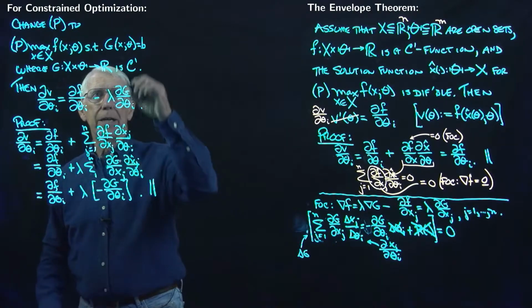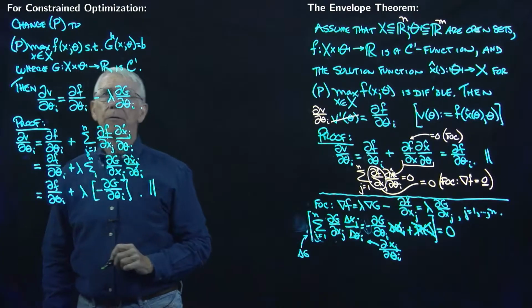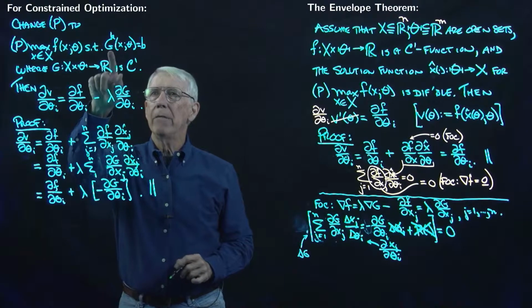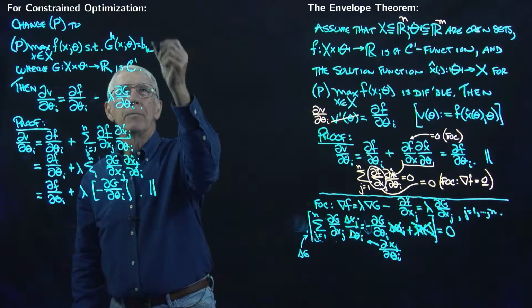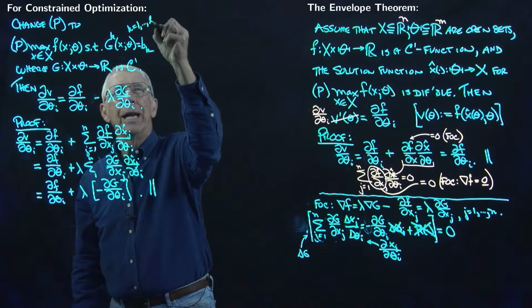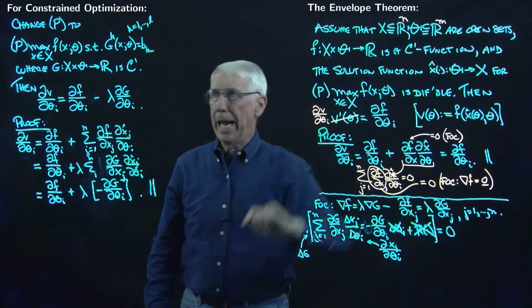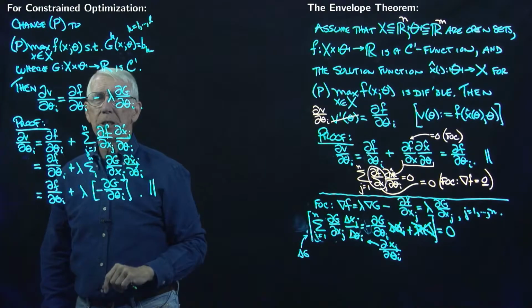So let's use the index k, let's say, for constraints. And I'll put that as a superscript on the functions g. So now I have subject to g^k equals b^k, k equals 1 to L, let's say, because I've already used n and m. So I have L constraints, and this is the form of each constraint.